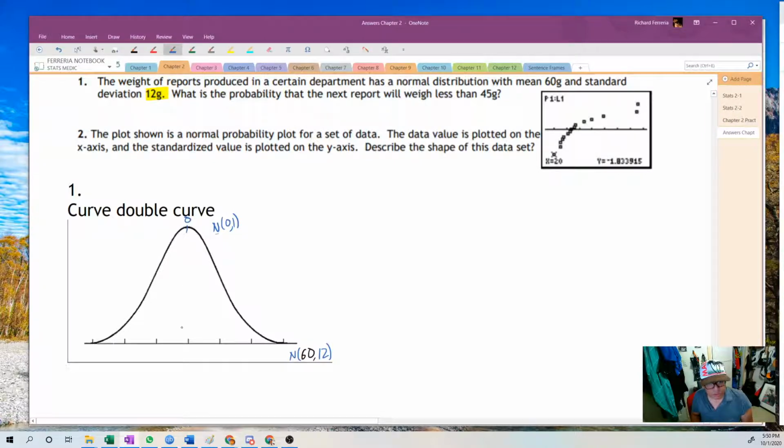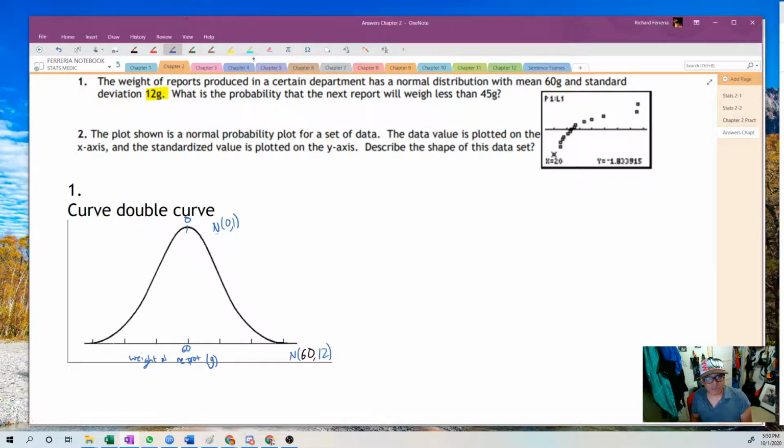This one is a 0, and that corresponds to a weight of 60 grams. Now, across the bottom here, you could be writing weight of report in grams if you want to be a little bit more thorough about how you do this.